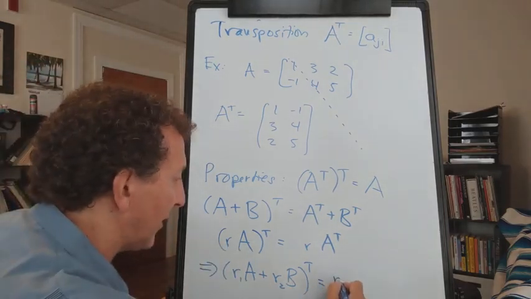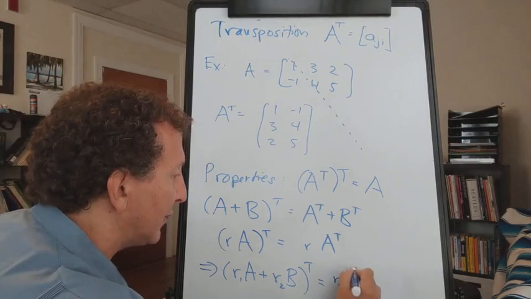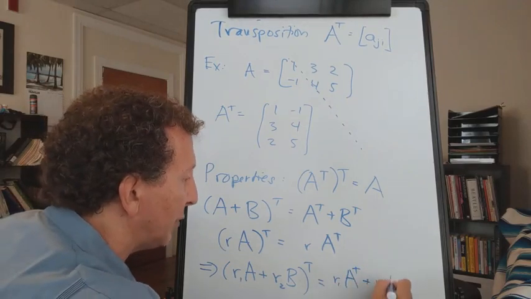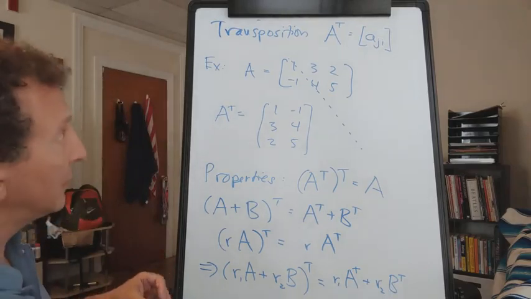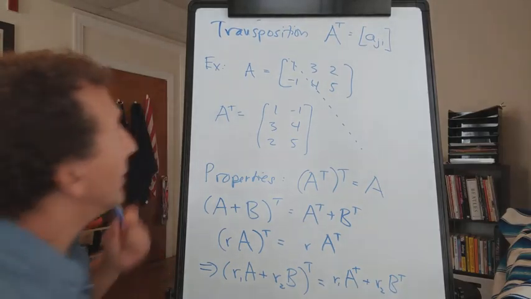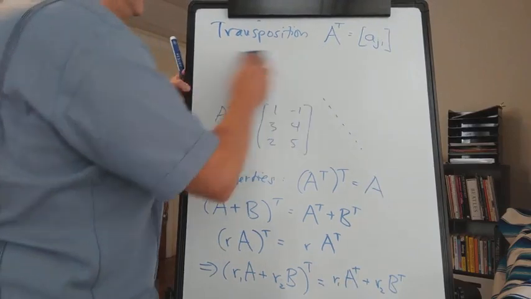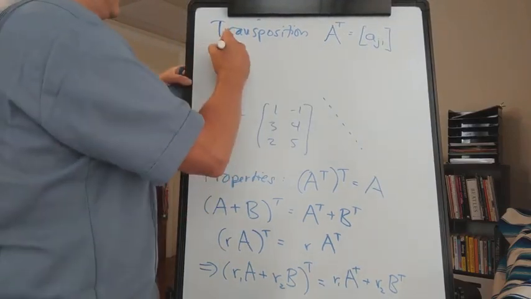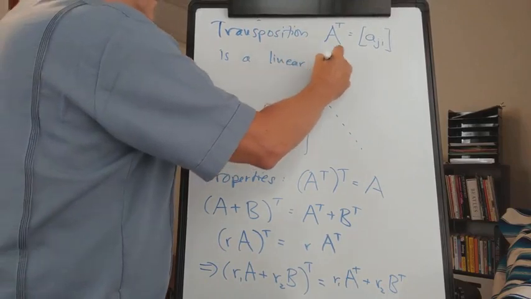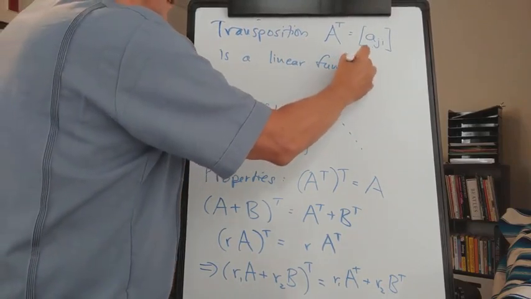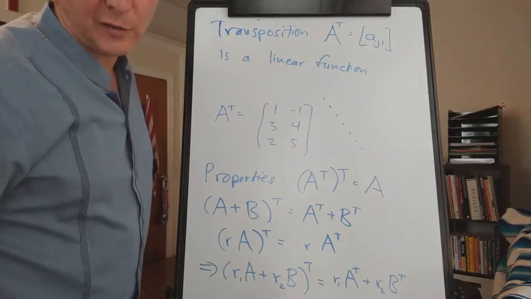So that's R1 A transpose plus R2 B transpose. So that means that transposition is a linear function, just like the derivative.